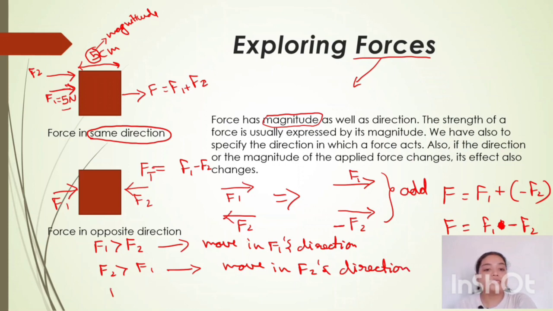But one more case is there. What will happen when both forces have the same magnitude? Here I am talking about magnitude, not direction. Then the object is not going to move. No motion will be there. So when the forces are from opposite directions, the object is going to move towards the force which has greater magnitude.